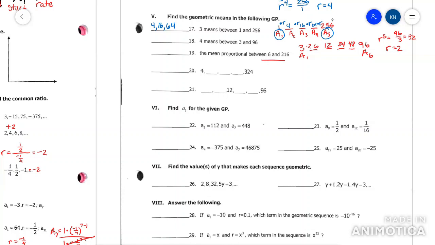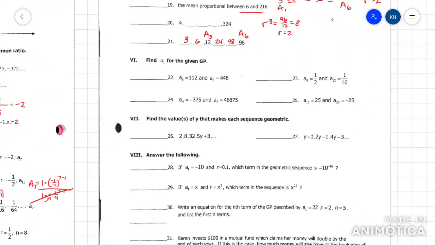Now this number 21, you have to realize this is A3 and this is A6. And so it'd be like, okay, 6 minus 3 is 3. So R cubed equals 96 over 12, which is 8. So R is 2. And now you could kind of work your way forward and backwards to fill that in.